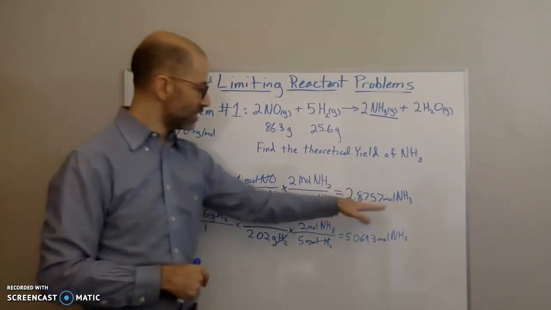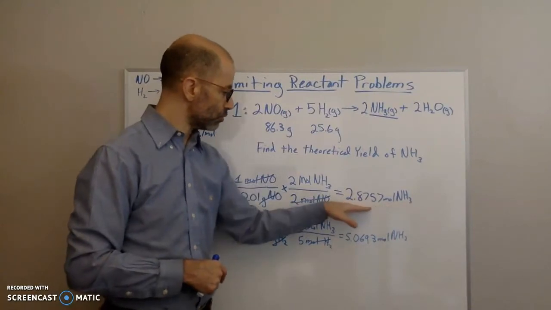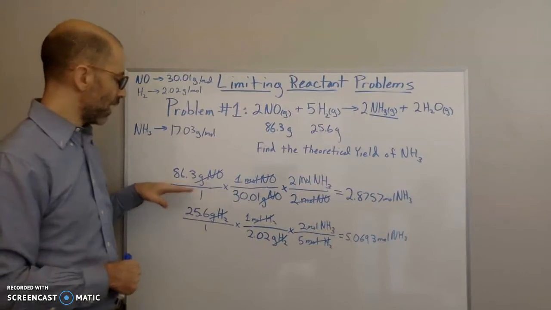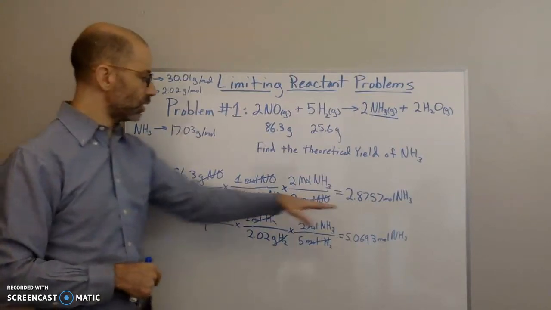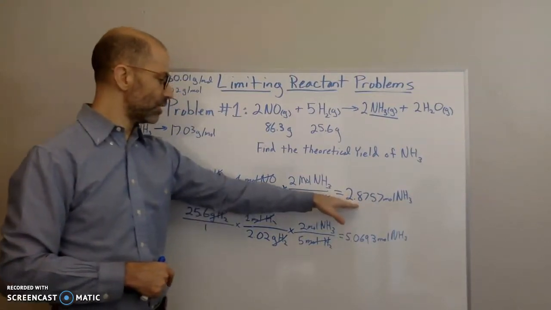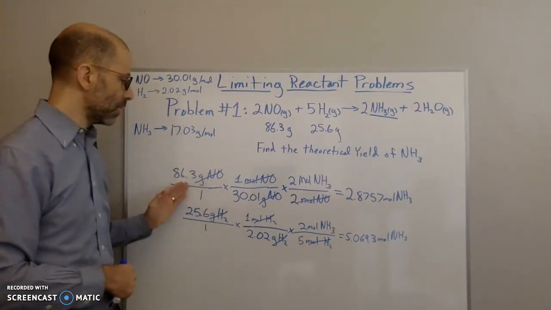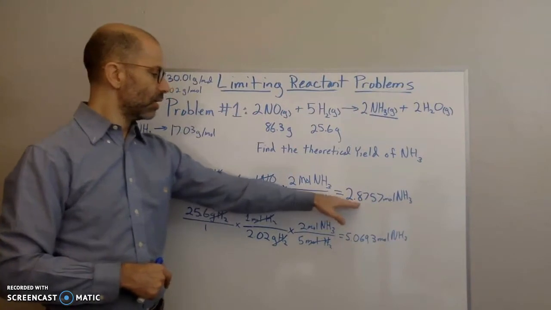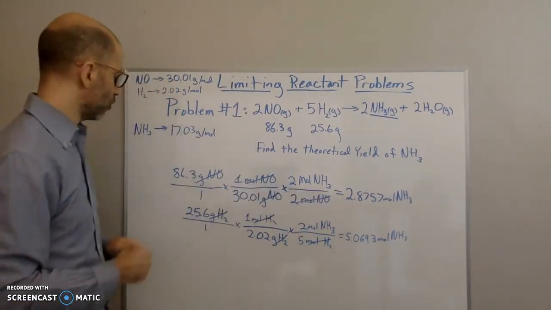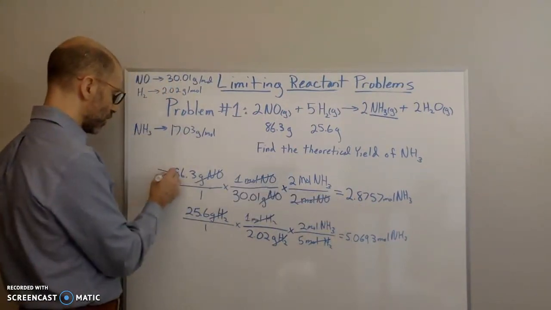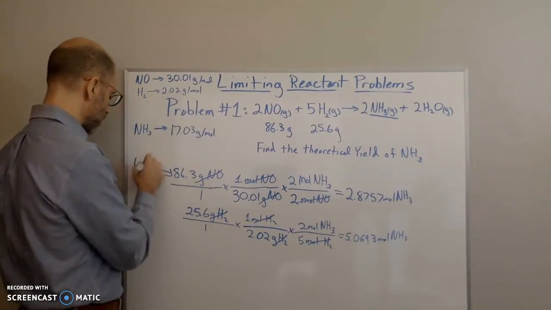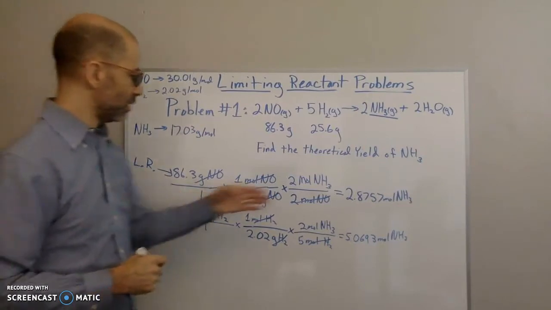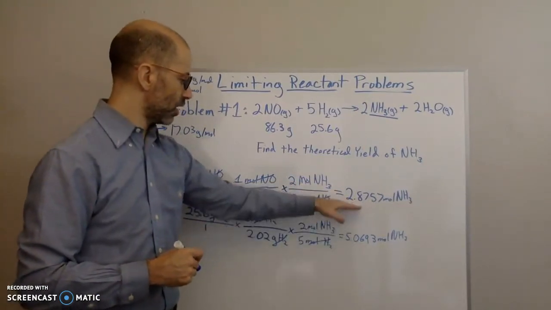But as soon as it hits this amount of moles produced, I've run out of my NO. So my NO that I'm given can only produce this amount. As soon as I reach that amount, I'm gone. So this is going to limit how much I can produce. So the NO is my limiting reagent because it limits how much I can make compared to the other one.